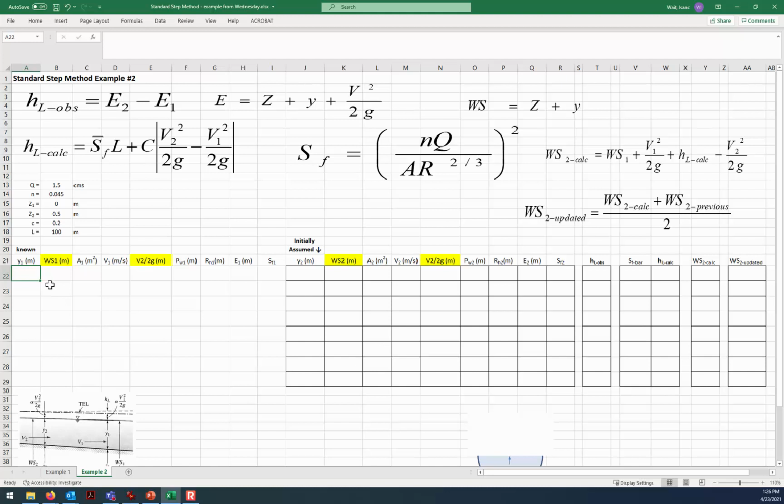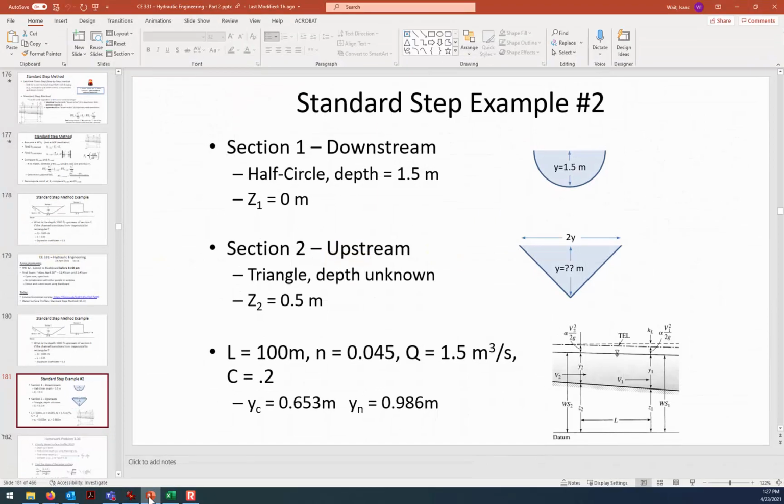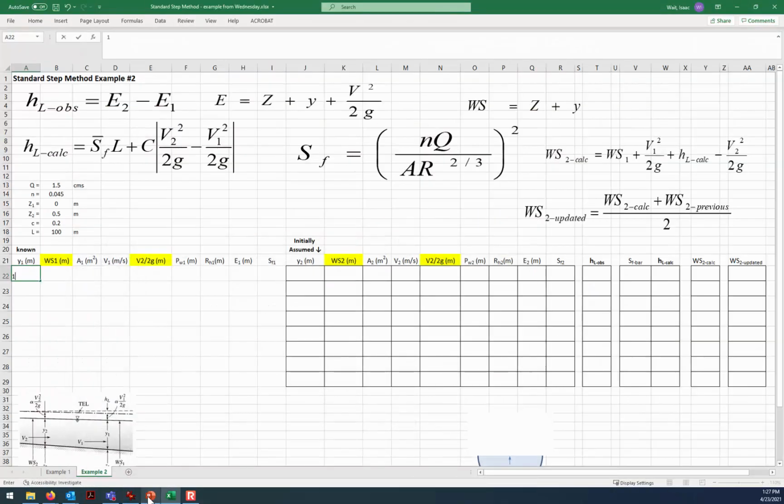Okay, so the given flow depth in this problem, it said that the flow depth is 1.5 meters. So it's 1.5 meters, and water surface by definition is the elevation, the delta Z elevation plus the flow depth. Our delta Z is 0, so it's just the flow depth.